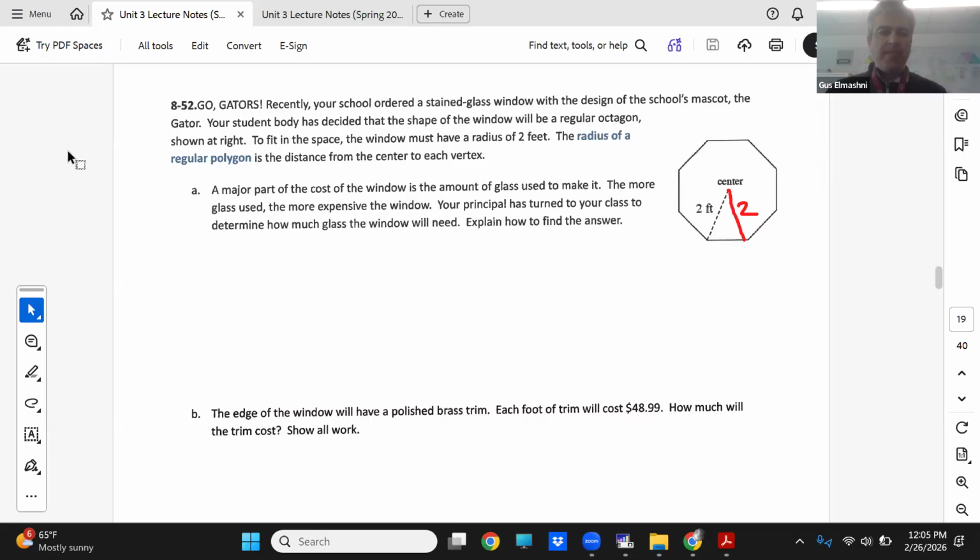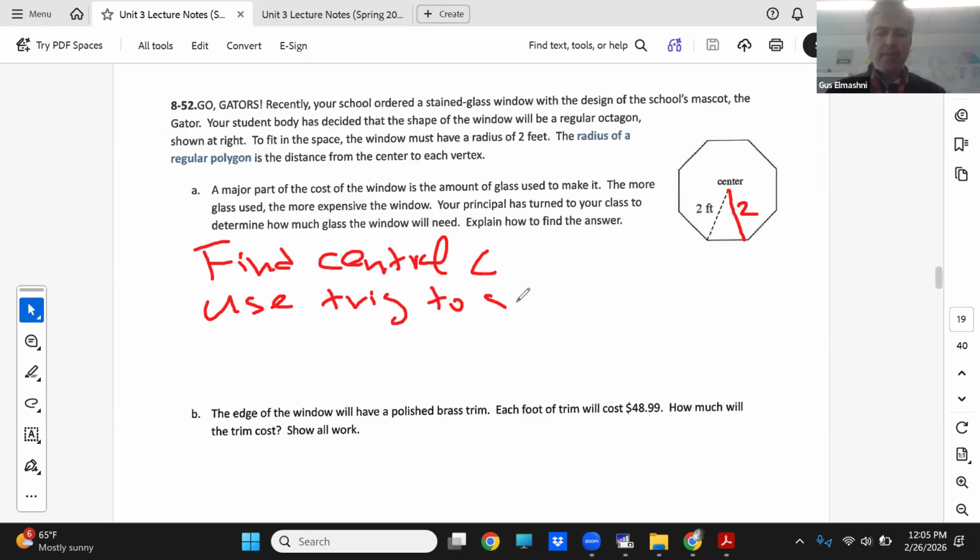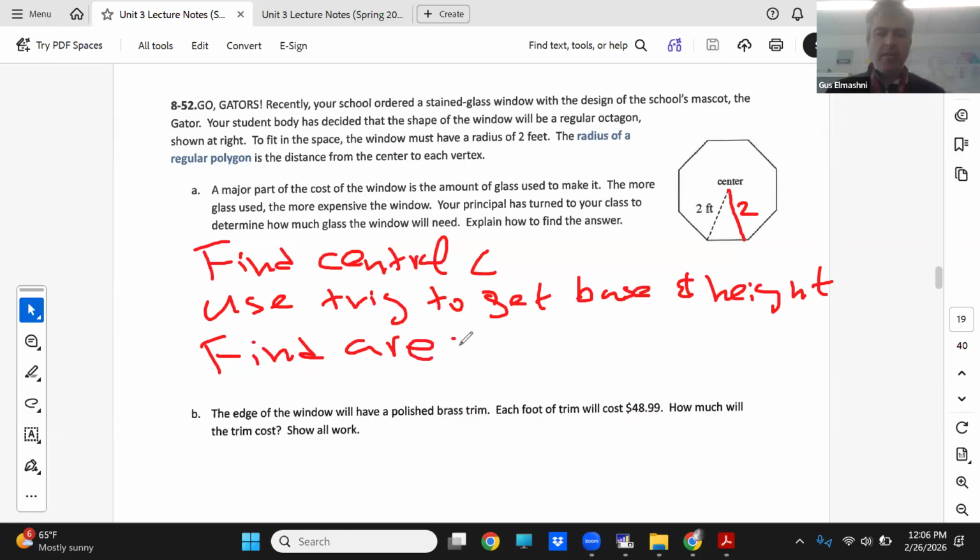So what you want to do again is find the central angle, because we're trying to make a stained glass window. Use trig to get base and height, and of course find the area.